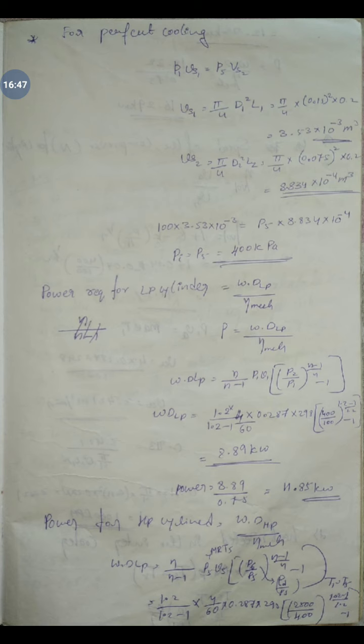R value is 0.287 and T5 is equivalent to T1, it is 298 degree Kelvin, and in the bracket P6, that is the delivery pressure, it is 2.5 megapascals or 2500 kilopascals, divided by P5, that is intermediate pressure, we have found out it is 400 kilopascals, to the power of 1.2 minus 1 divided by 1.2, minus 1.